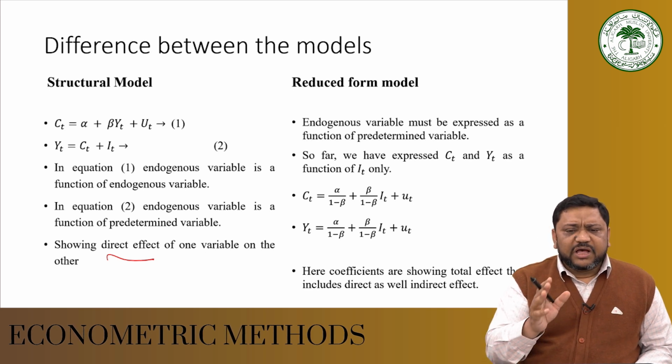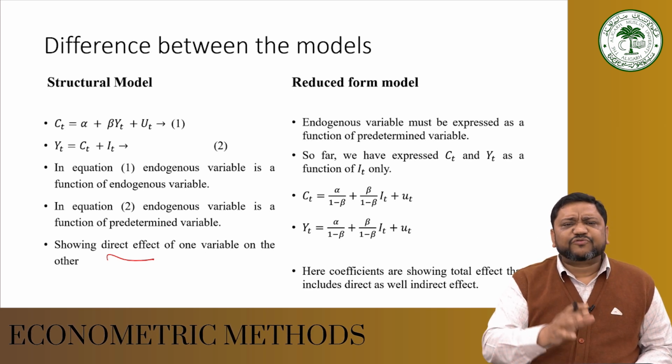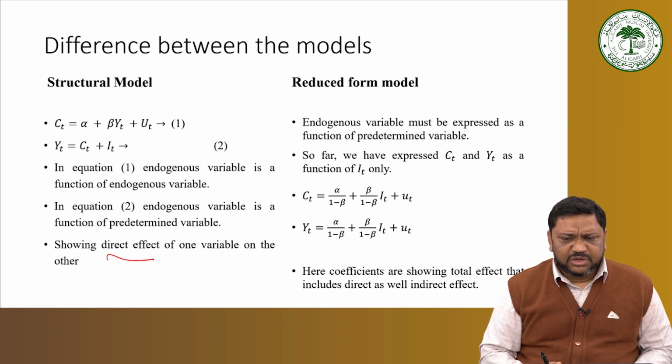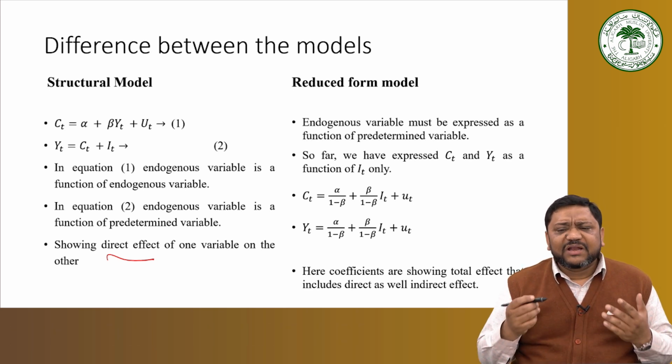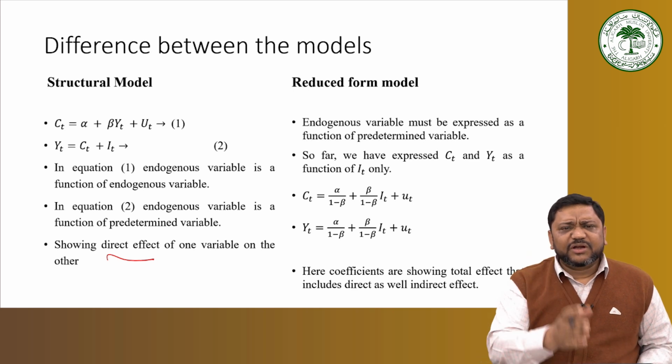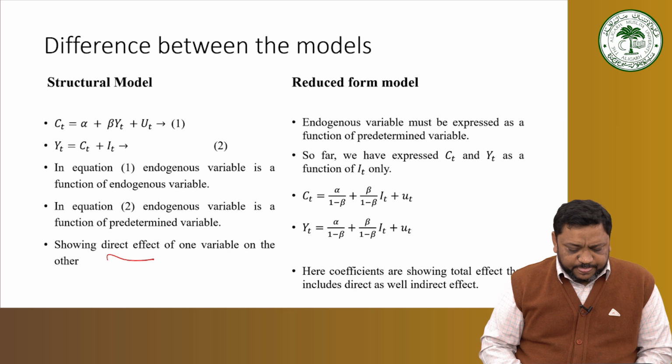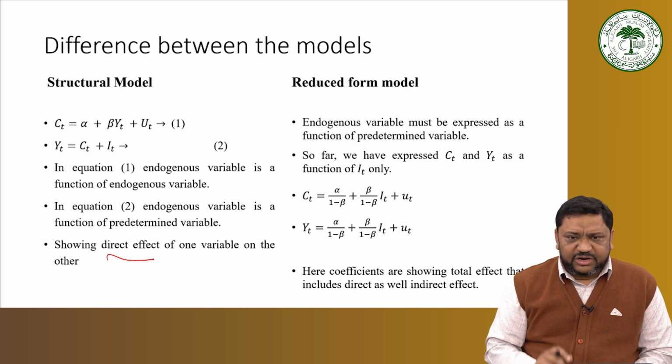The difference between reduced form and final form model is only the presence of lagged endogenous variables. If the model does not have any lagged endogenous variable, then the reduced form and the final form model are the same. But there is a difference between structural and reduced form.